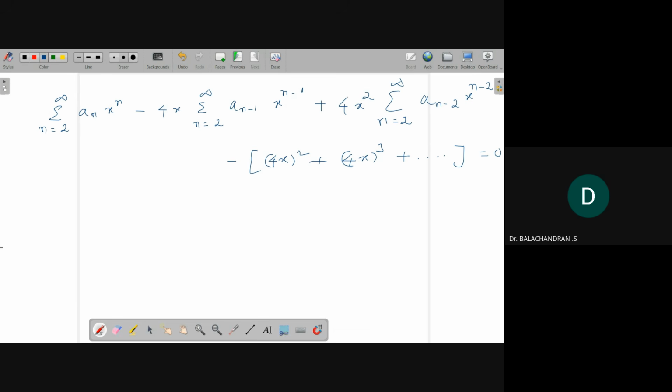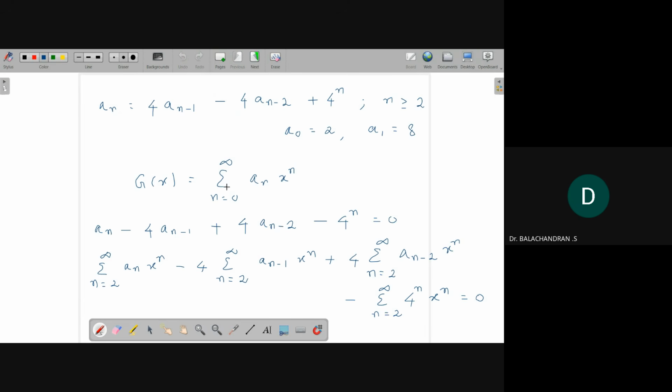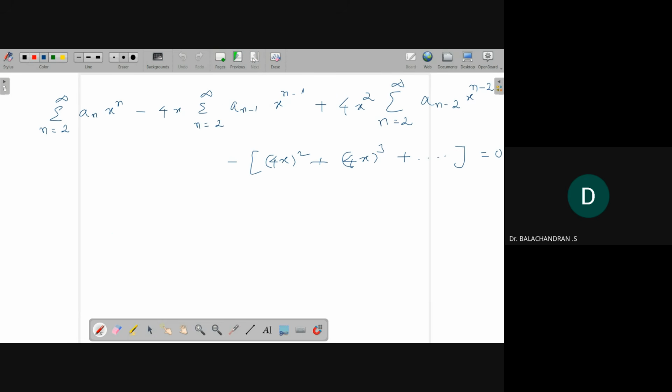Okay, now here this starts from the third term, that is a2, because you can see here the first term is a naught, the second term is a1x, the third term is a2x square. So this starts from the third term.